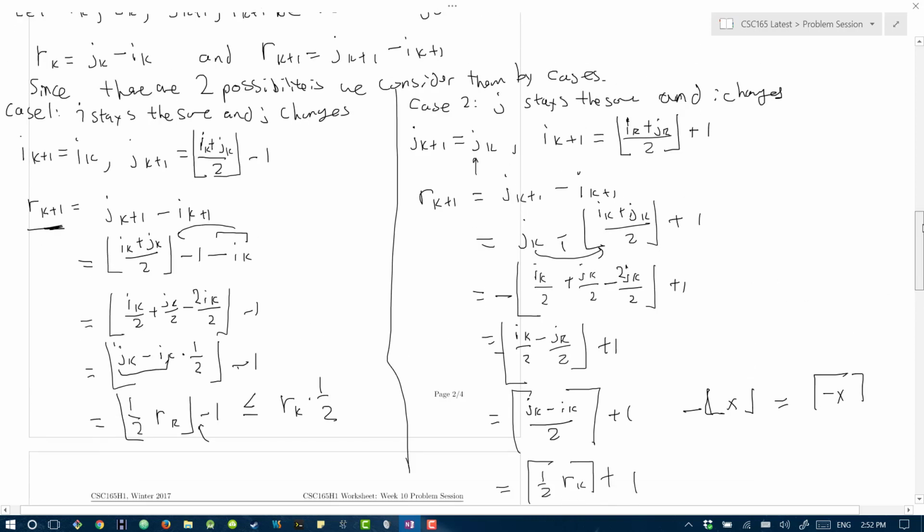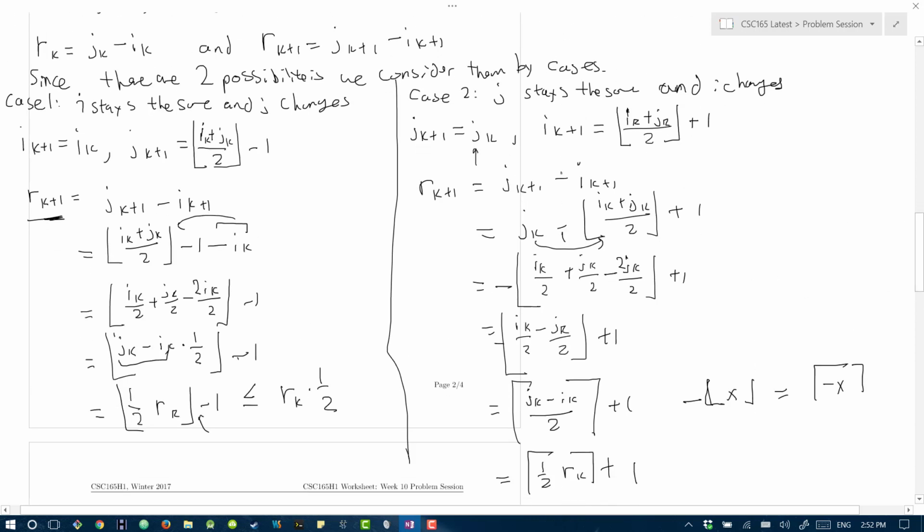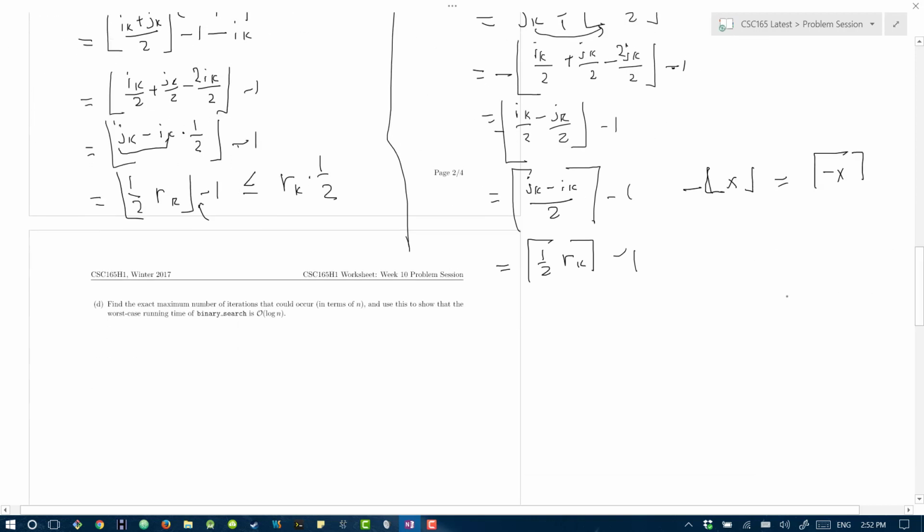And actually, since this is being subtracted, this would become a negative. Okay, so then we know that this is smaller than or equal to 1/2 times r_k, and that's it.